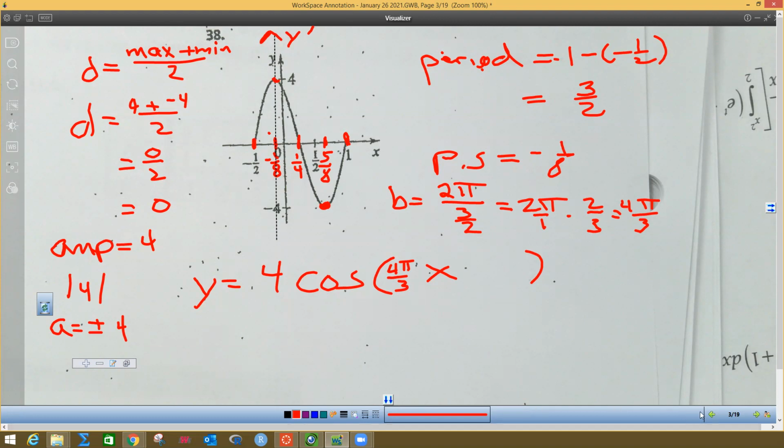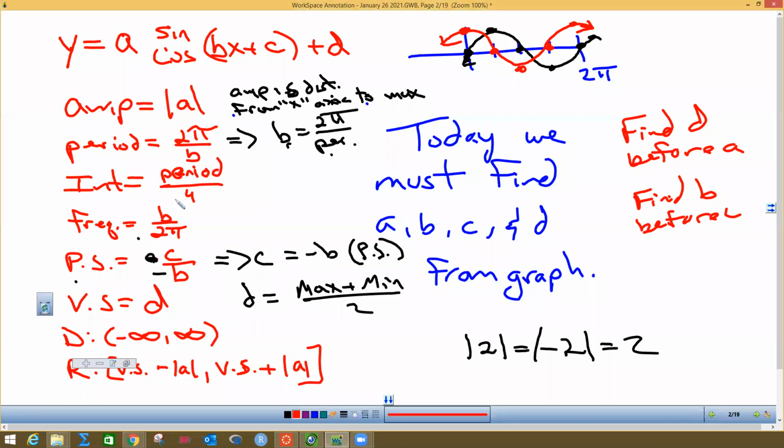Okay, I'm going to go back over here and show you how to find C. C comes in down here with phase shift. You must find B before you find C because you have to use B to find C. Normally we start on this problem and we let C be the negative part. I'm going to move that C down here to the B part.